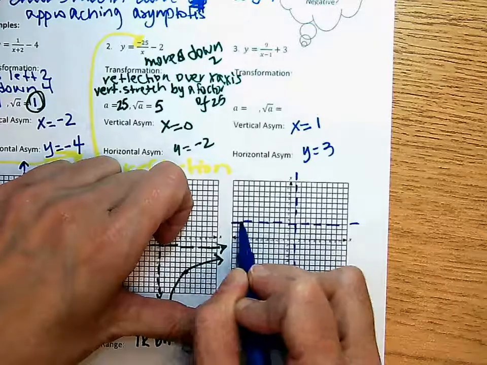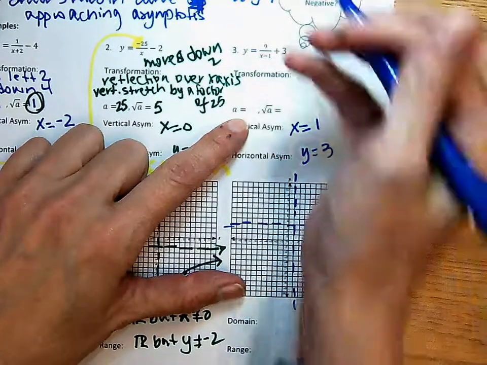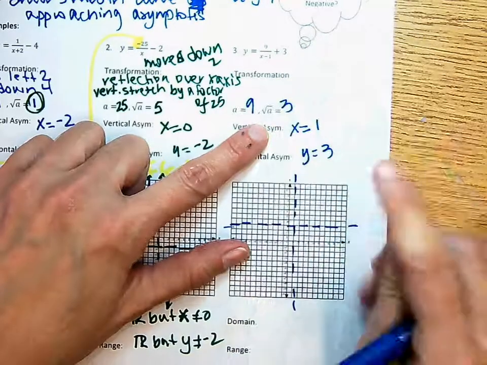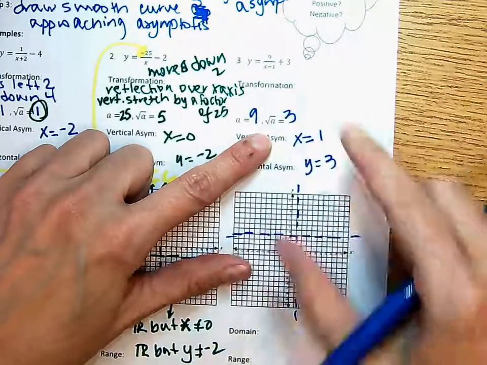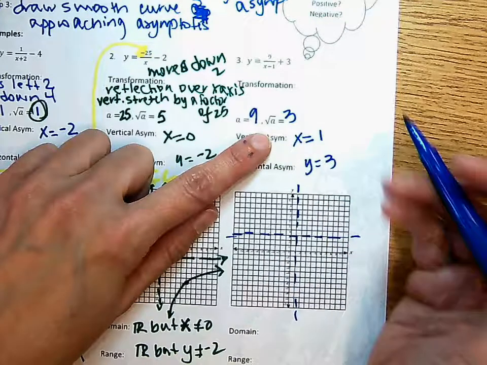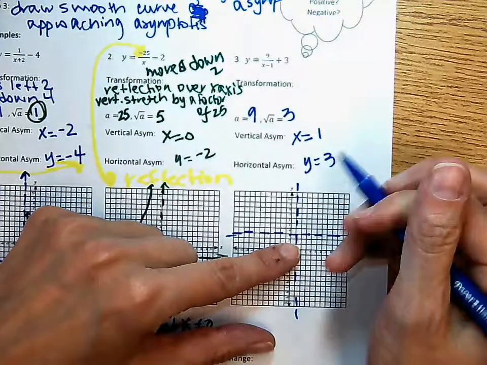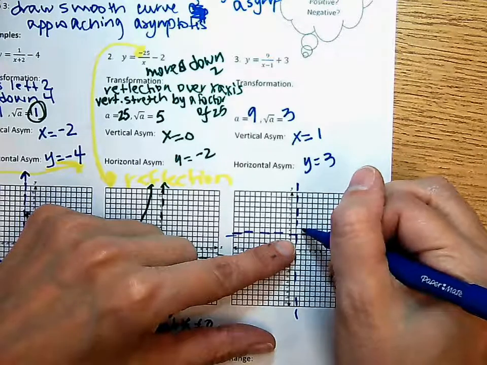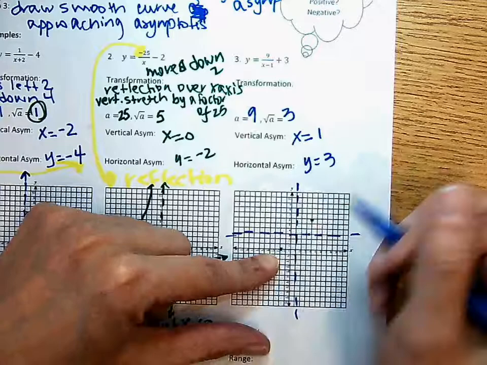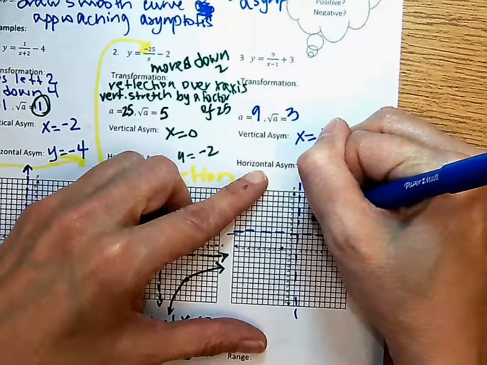What is my k value, or my a value? 9, square root of a, 3. Is it reflected at all? No, so it's going to be here and here. So go your corner points from this point of intersection. And then you've got your smooth curve.